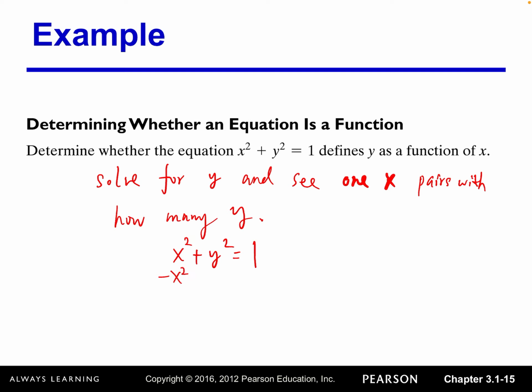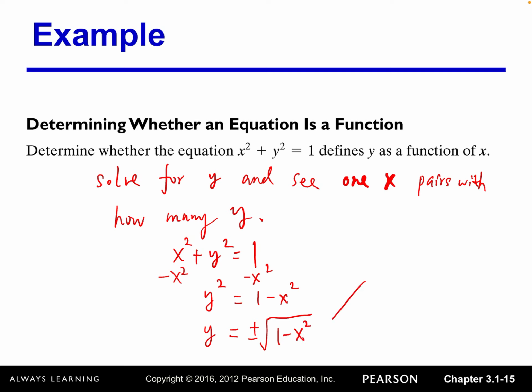First we need to subtract x squared from both sides, so y squared equals 1 minus x squared. And then in order to solve for y, we take the square root of both sides. So y equals, remember the square root method, there are 2 solutions, plus or minus the square root of 1 minus x squared.